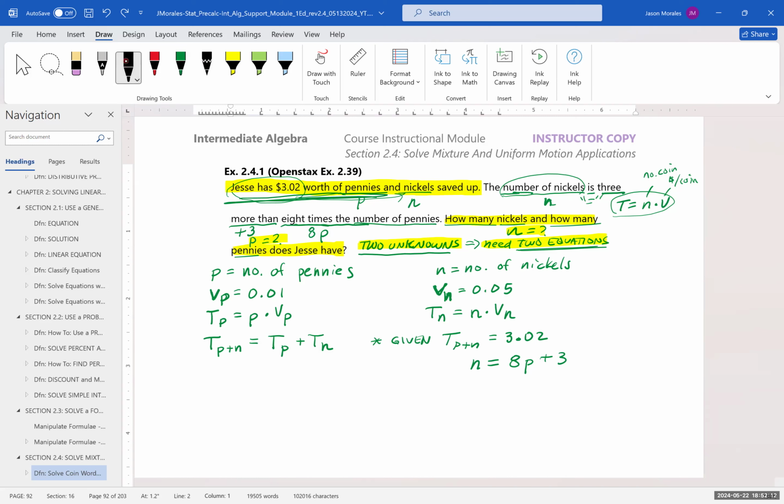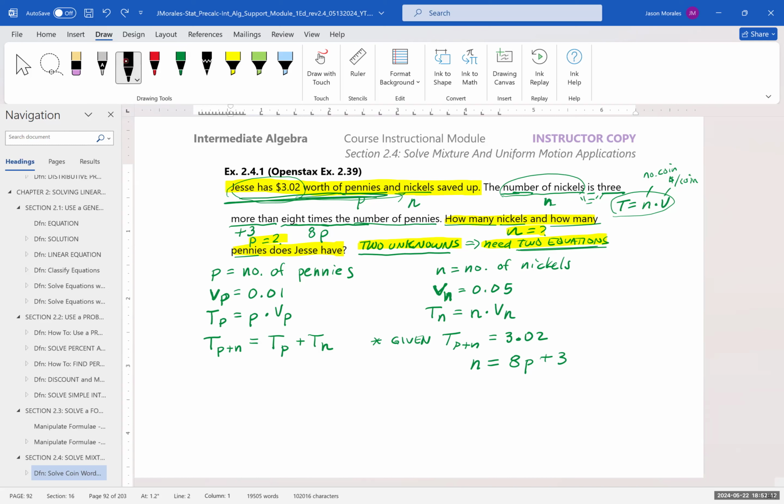All right, so to help us figure this out, we're going to set up a table to organize this information and to set up relationships that we may not be able to intuitively think about. So we're going to have a table of type: pennies and nickels.